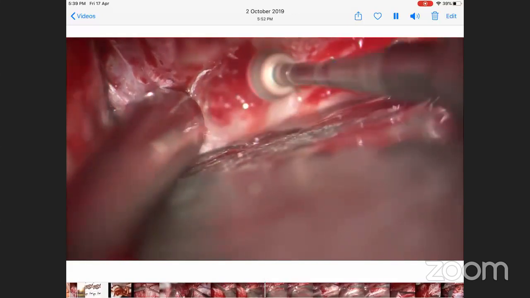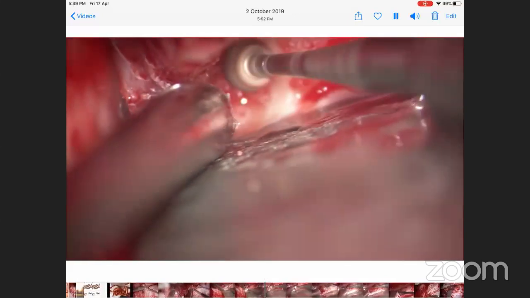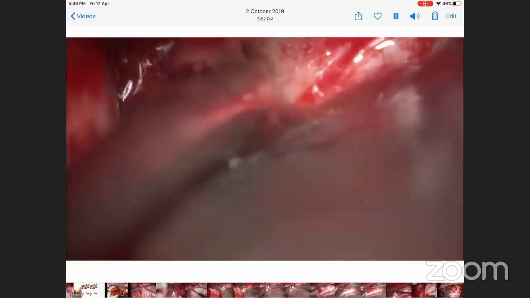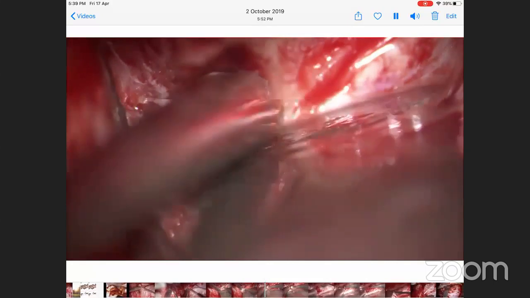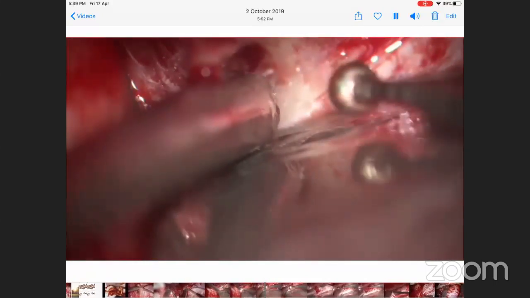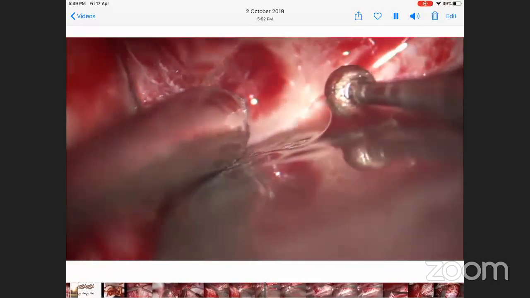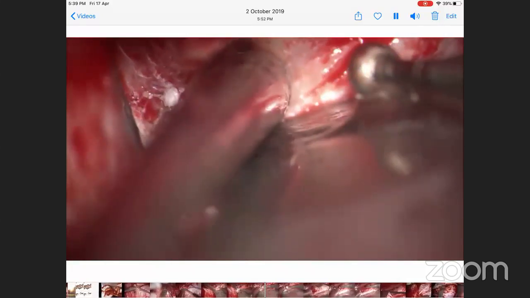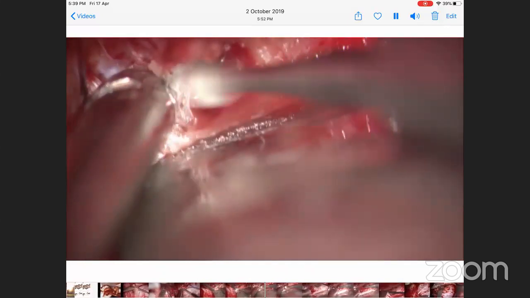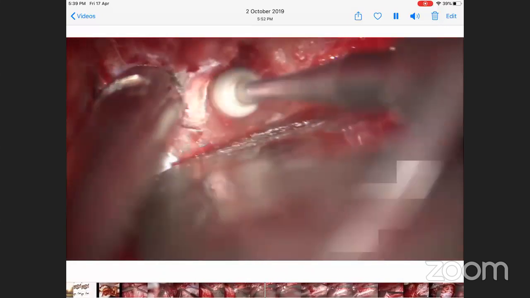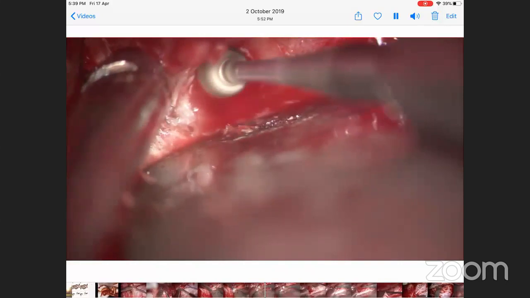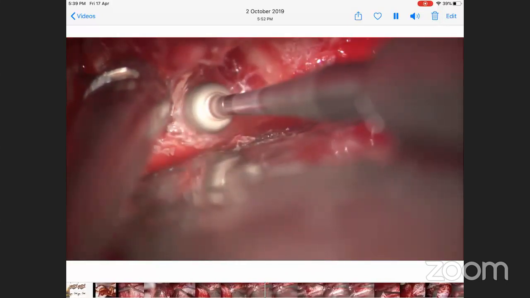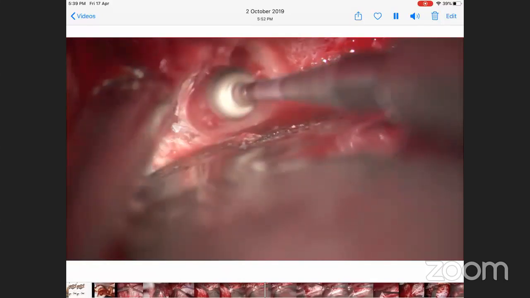Under very, very high magnification, I'm going to paint off that clinoid. It's not drilling off, it's just painting off. The suction is my proprioception. It helps me to feel how the bone is moving. Thinning out the bone, just painting it out. You must understand I have the aneurysm underneath that.